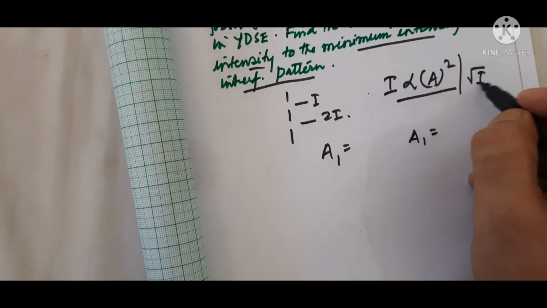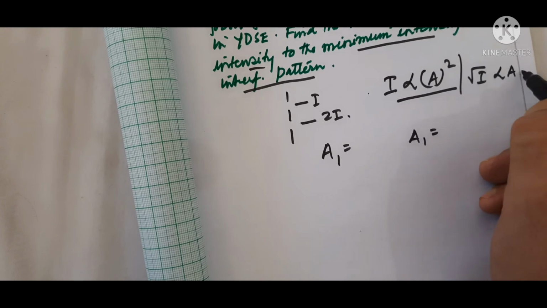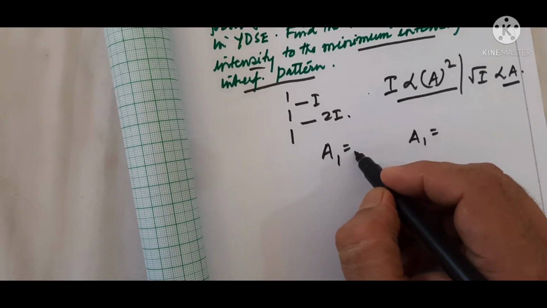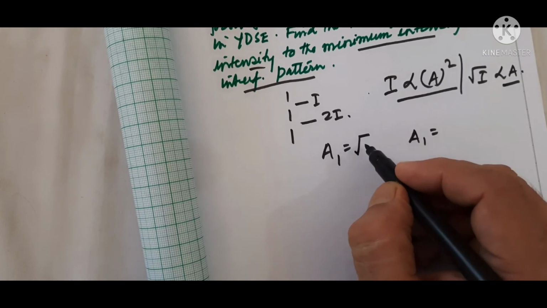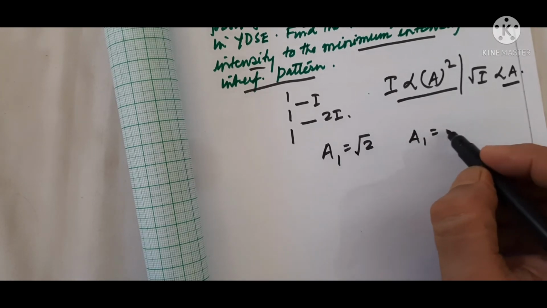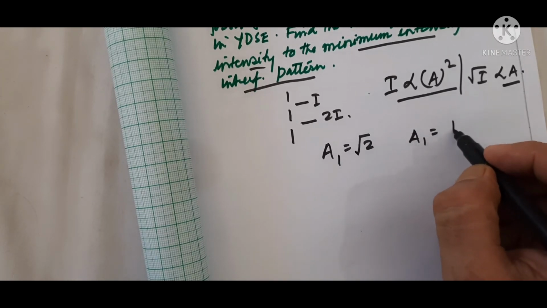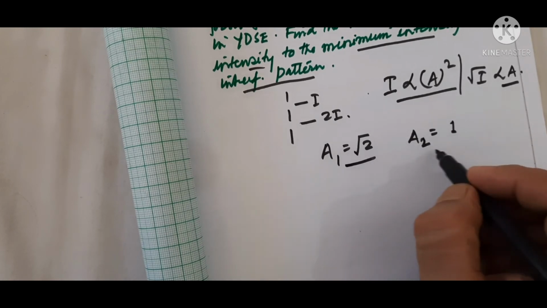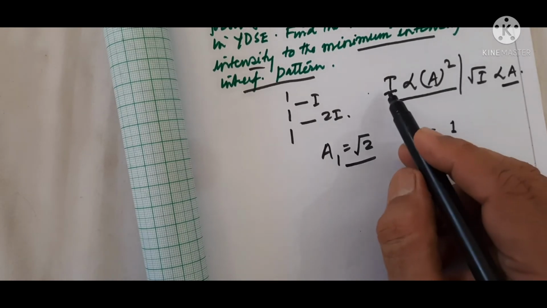Under root I is directly proportional to A. So A1 will be root 2, and this one, A2, will be 1. That means these two are in the ratio root 2 is to 1.